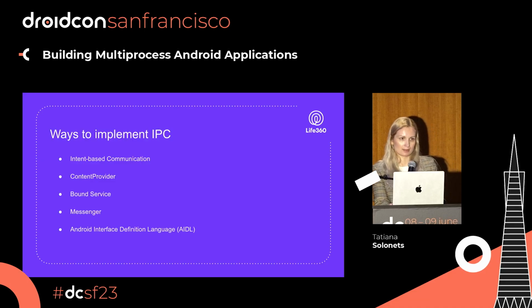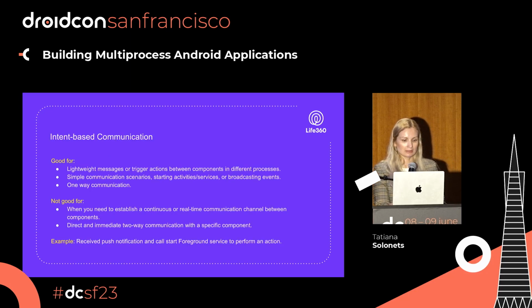Okay, since the biggest overhead is inter-process communication, I think we should go over some of the most common ways to implement it. One of the simplest, I'm sure all of you have used before, is sending intents to either pass some small message or start an activity or a service.